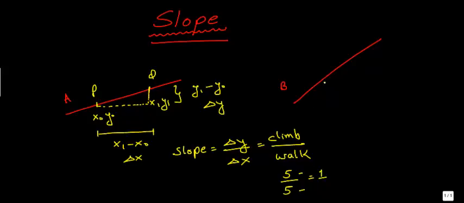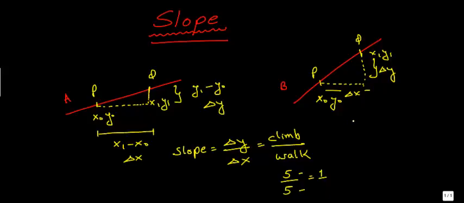Here again in line B, if you're going from point P to point Q, you walk horizontally and then you climb vertically, right? So again over here, x0, y0, x1, y1, this will be your delta x and this will be your delta y. Here your slope will again be delta y by delta x.